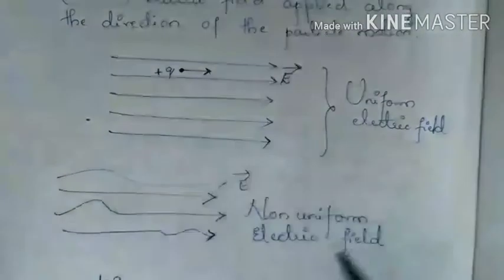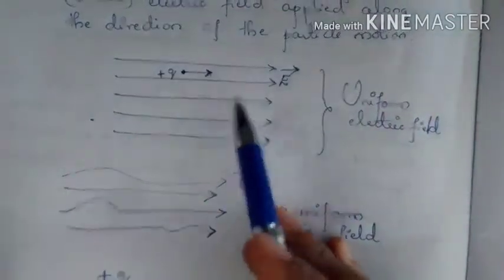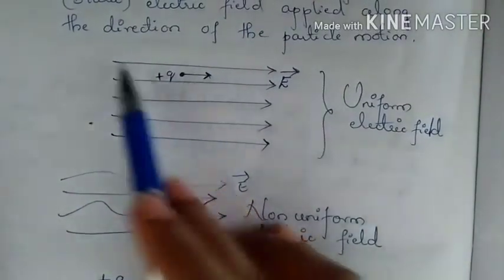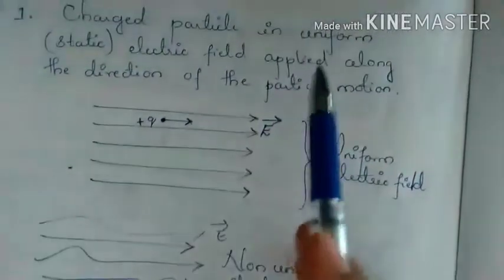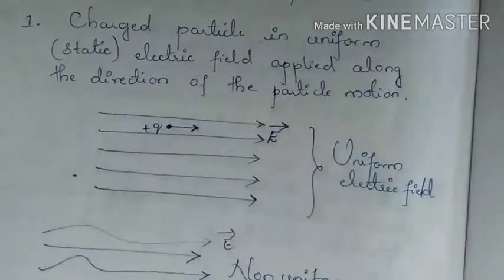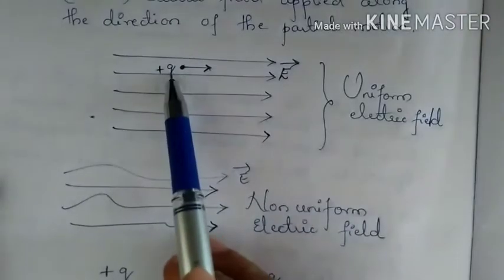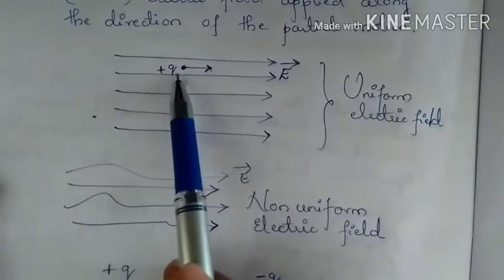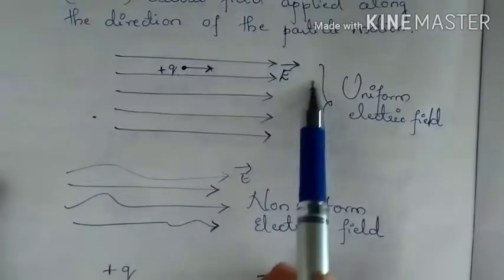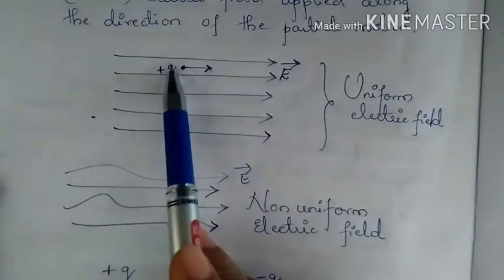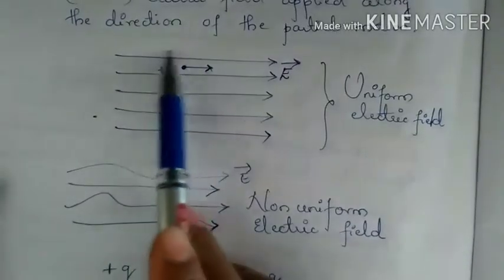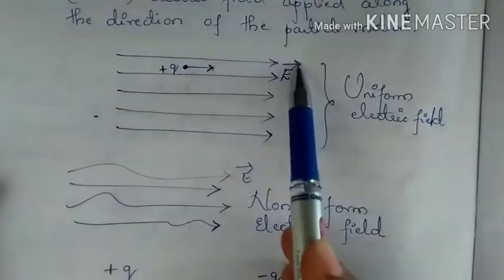then we can define the force that is experienced by this unit charge when it is kept in a uniform electric field, because they have already mentioned here the charged particle is in a uniform electric field. If you keep any charge in a uniform electric field, there will be a force that directs this charge in the direction of the electric field.